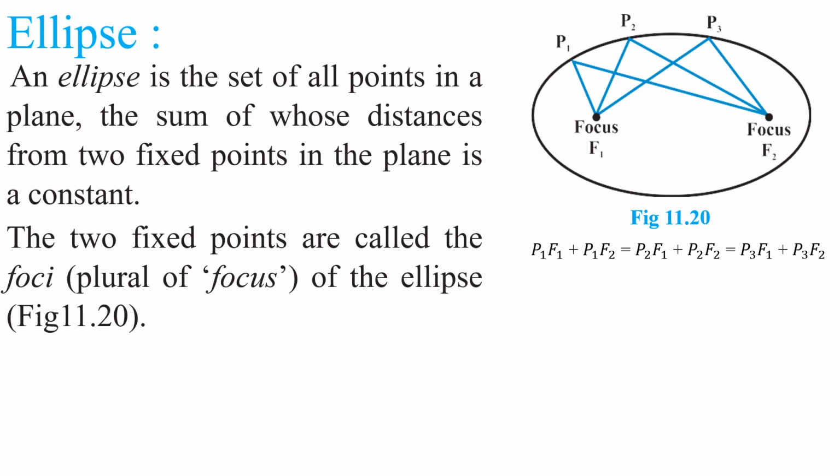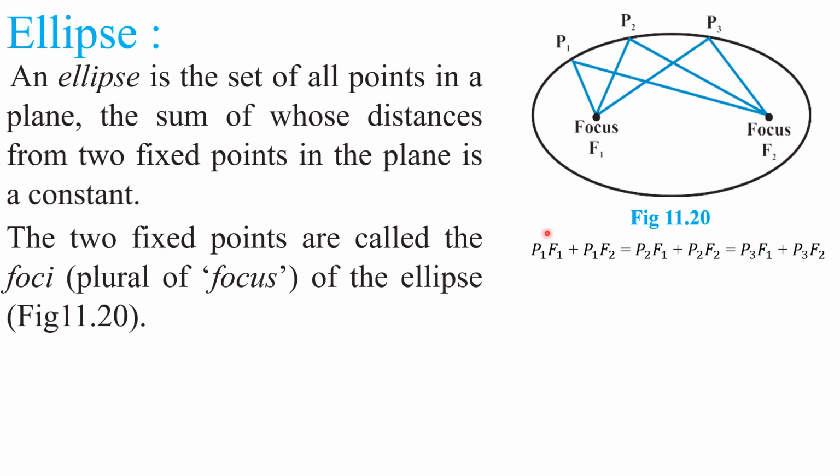P1F1 denotes the distance of the point from P1 to F1, and P1F2 the distance between the points P1 and F2. So the sum of these two distances is equal to, similarly, P2F1 plus P2F2, which is equal to P3F1 plus P3F2.